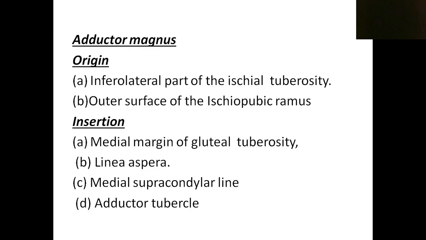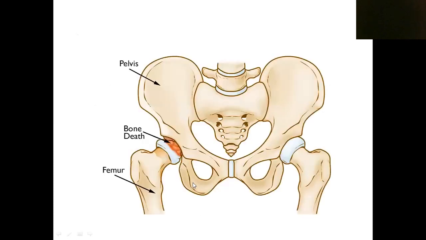The upper part is divided into medial and lateral, and the lower part is also divided into medial and lateral. It arises from the lower part of the ischial tuberosity.